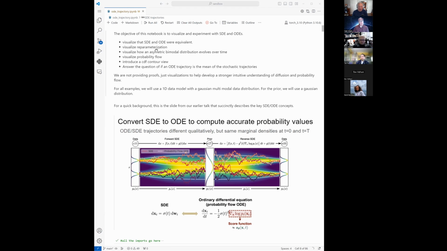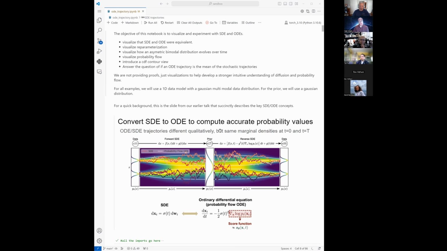Along the way, I tried to visualize and confirm some of the concepts it's built upon, like the re-parameterization trick, and show that it results in the same curve.